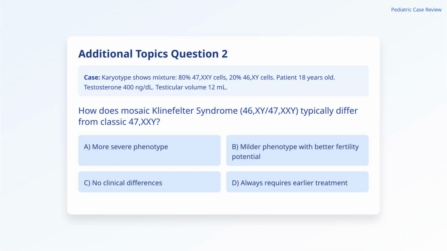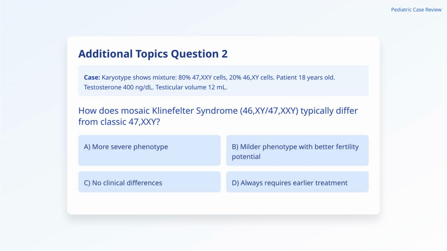Case scenario: karyotype analysis demonstrates a mixture of 2 cell lines, 80% showing 47XXY pattern and 20% showing normal 46XY pattern. The patient is 18 years old. Testosterone level is 400 nanograms per deciliter. Testicular volume measures 12 milliliters bilaterally.